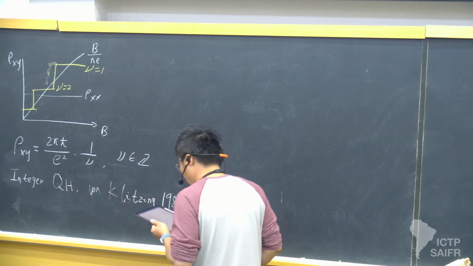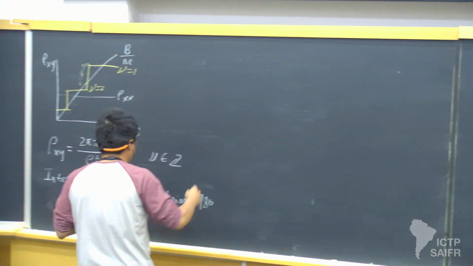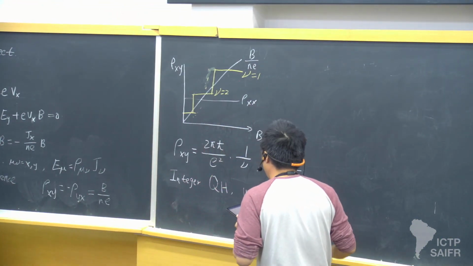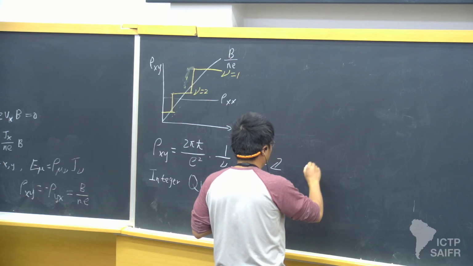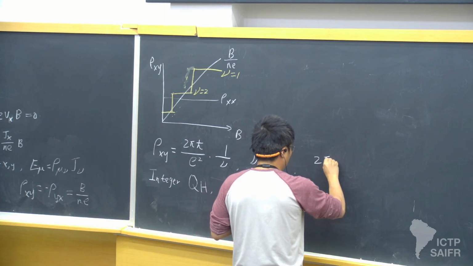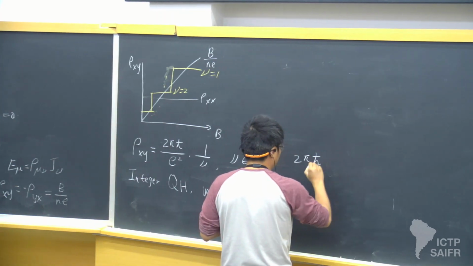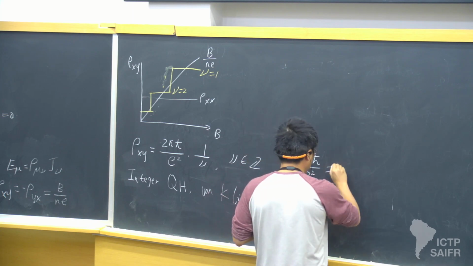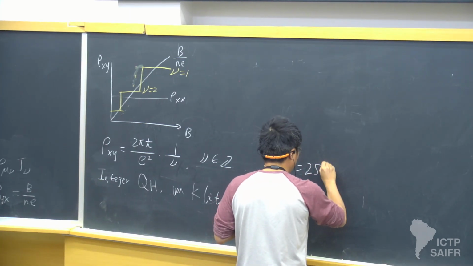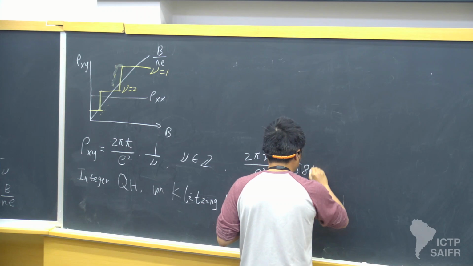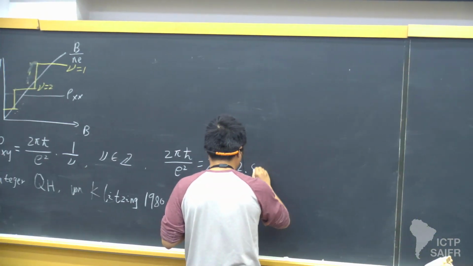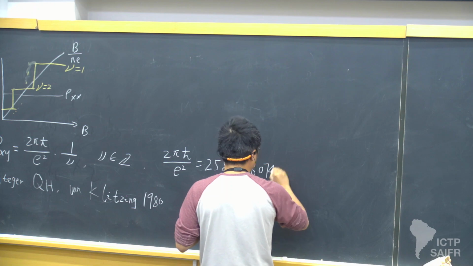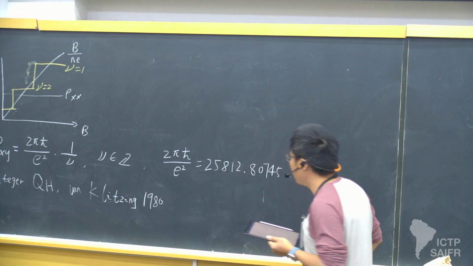This constant is also called the von Klitzing constant. Experimentally, people can measure it to extraordinary accuracy, which I will write down to showcase how accurate this number can get.